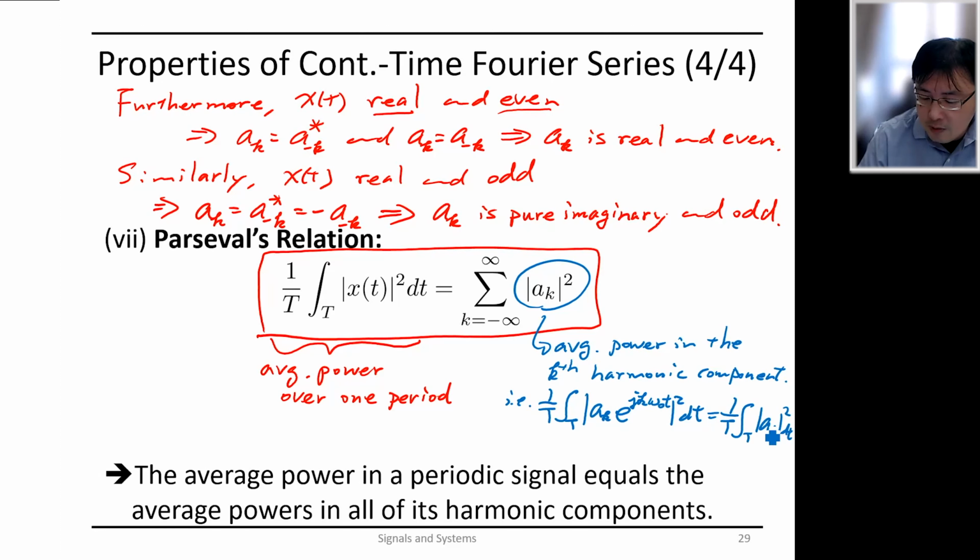And the integral over a constant over one period gives you the constant times capital T, which cancels out with this, and therefore this is just ak squared.